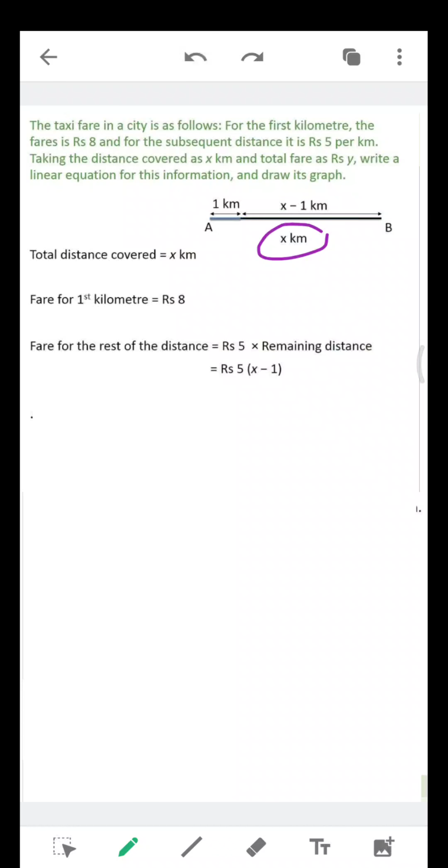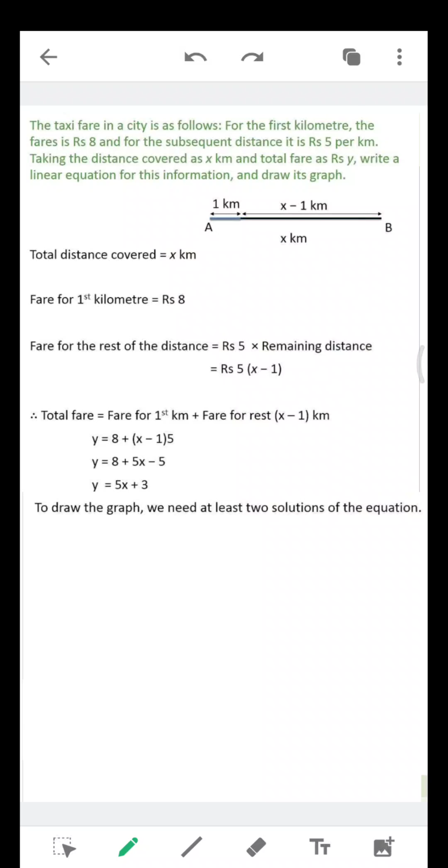Now I'll frame the equation for this. For that I need to add the fixed charge for the first kilometer, and this is the extra charge. Total fare will be, because he's asking you to take y as the total fare, y is equal to 8 plus 5 into x minus 1.